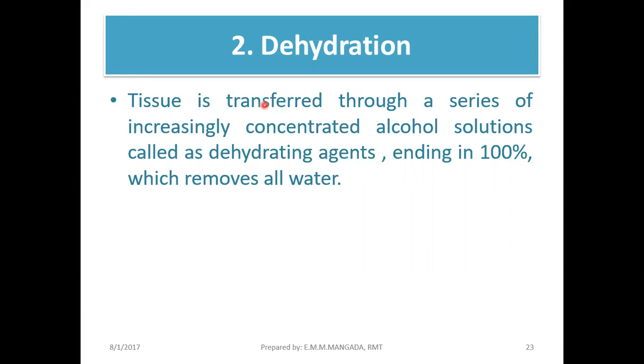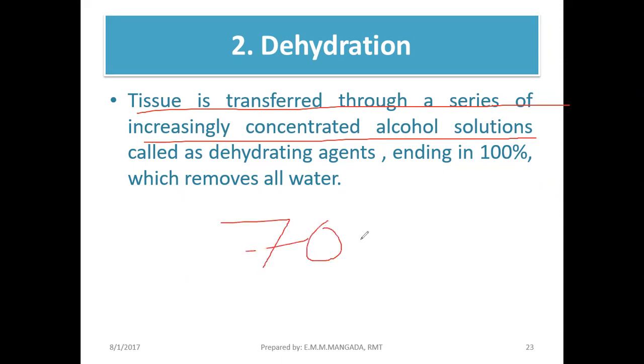Okay, so in the dehydration process, how we're going to do that? We do that by transferring the tissue in a series of increasingly concentrated alcohol solution. So guys, in the dehydration process, yung pinaka-common na series na ginagamit natin is that we usually start at 70%, then we have 90 or 95%, and then we have 100% or yung tinatawag nating absolute alcohol.